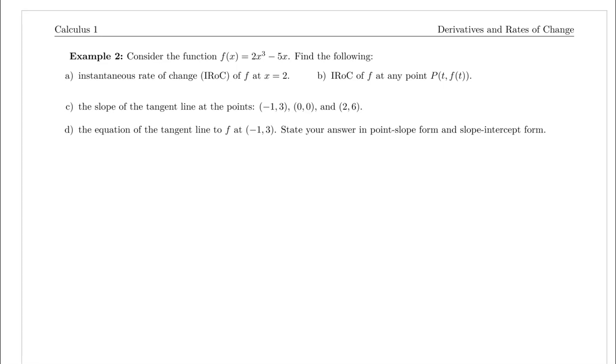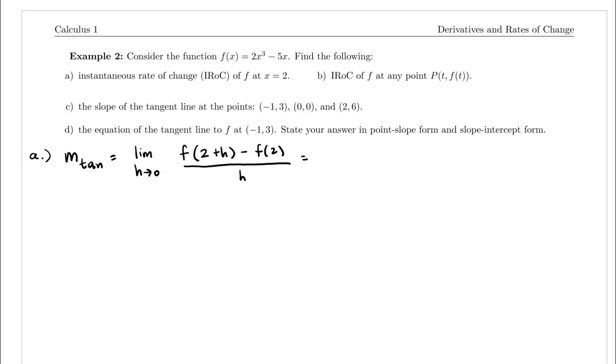Find the following. In part A, we are asked to find the instantaneous rate of change, which sometimes I will abbreviate to IROC, of the function f at x equals 2. So if we were using the definitions that we had earlier, we are going to essentially find the slope of the tangent line at x equals 2, so that would be the limit as h approaches 0 of f of 2 plus h minus f of 2 all over h.